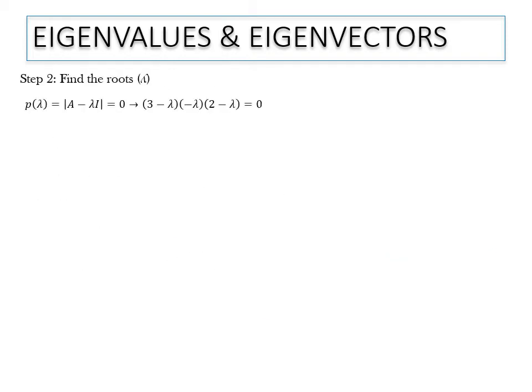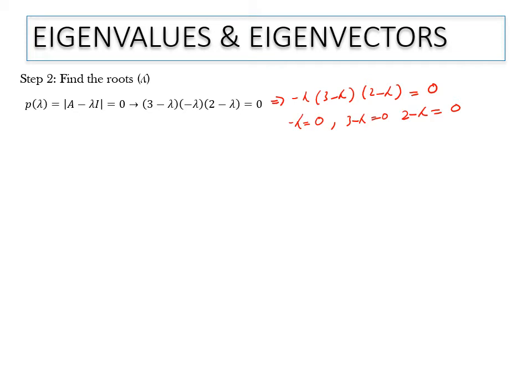Now step number 2, we write the polynomial and let it equal 0. So we can write negative lambda, 3 minus lambda, 2 minus lambda equals 0. We separate one by one: negative lambda equals 0, 3 minus lambda equals 0, 2 minus lambda equals 0.